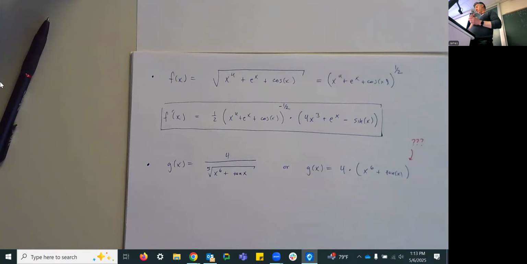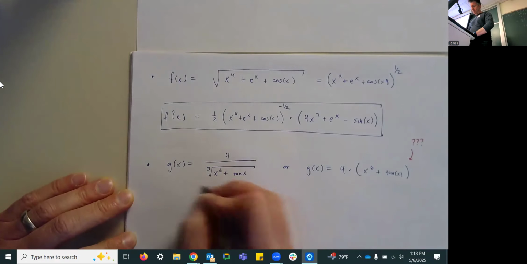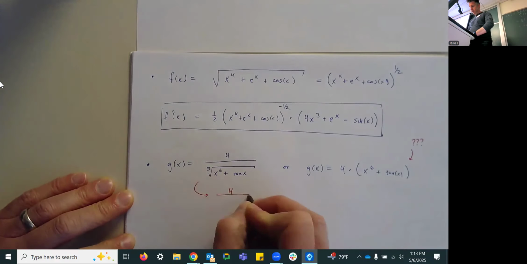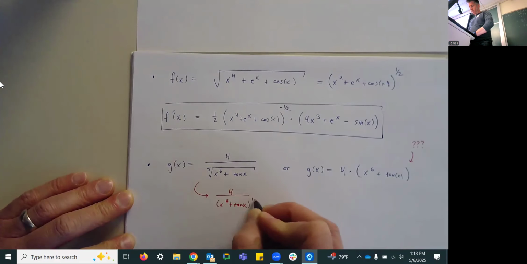So in the denominator, if we didn't bring this up to the numerator, we could rewrite this as 4 over x to the 6 plus tangent of x to the 1/5 power.